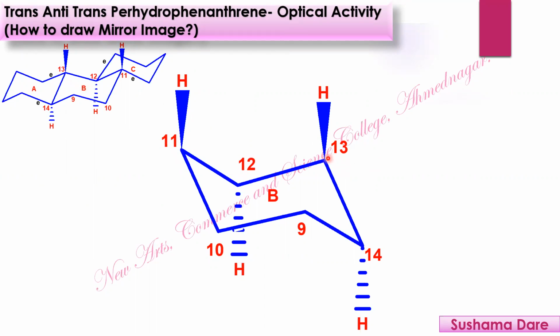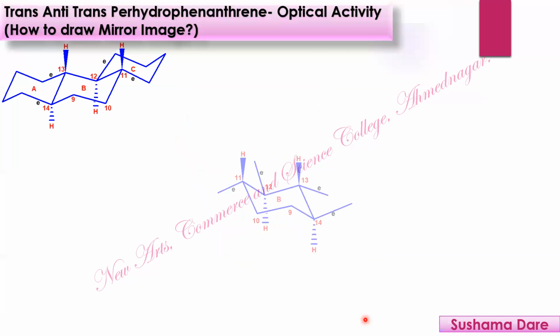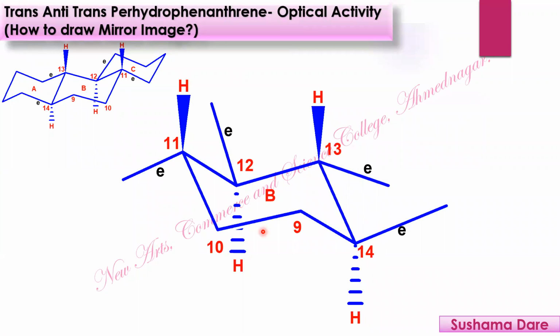Number 13, again axial hydrogen. Number 12, axial hydrogen but going in a downward direction. Number 14, again axial hydrogen going in the downward direction. The next thing is whatever the remaining bonds are, you have to draw them. Once you complete the hydrogens, the remaining bonds are equatorial.